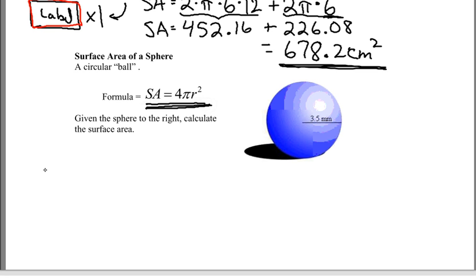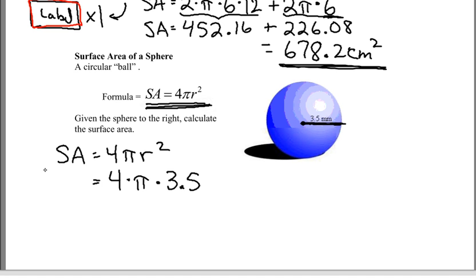All we need to do, surface area, 4 times pi times r squared. We'll substitute in 4 times pi. And we can see, even though it's not a circle, it's a 3-dimensional sphere, the radius is still representing from the middle of the sphere to the edge, which we see is 3.5, and we want to square that. 4 times pi times 3.5 squared.